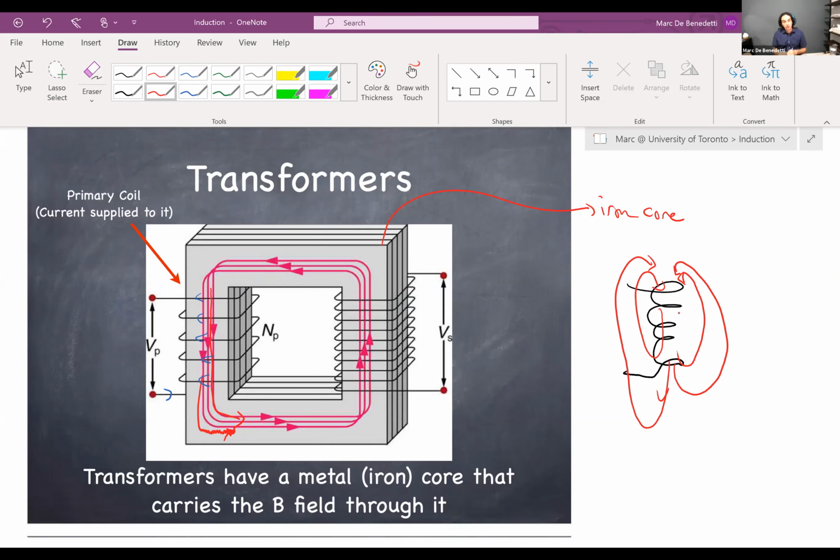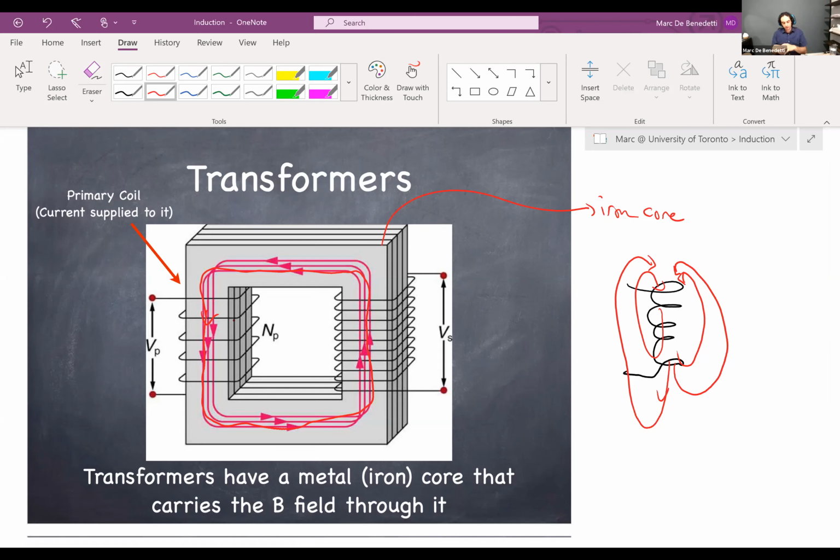So what we have here is an artificial thing that physicists had to think about and impose. We could say if we could use an iron core to channel 100% or close to 100% of the B field generated by the primary coil, we can funnel it like a lazy river around in a circle, or I guess in a square, around the iron core.